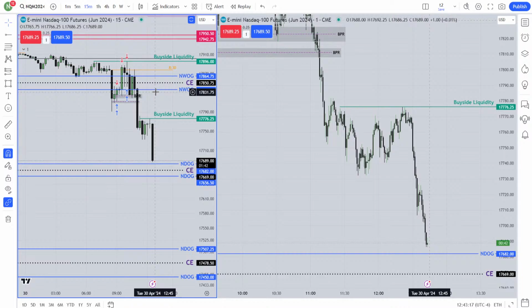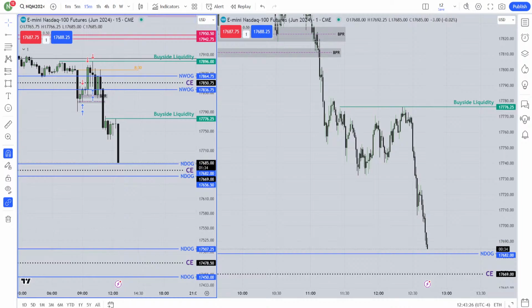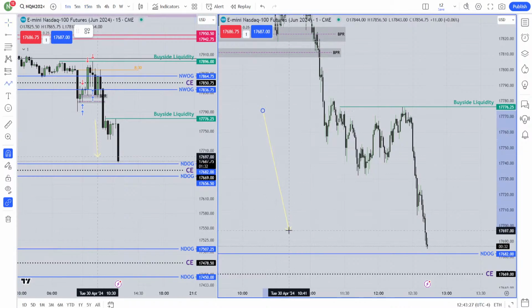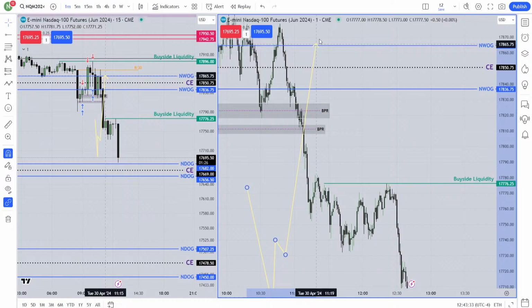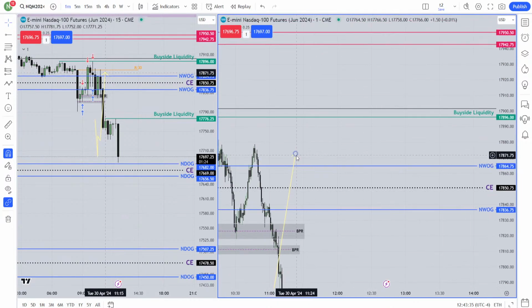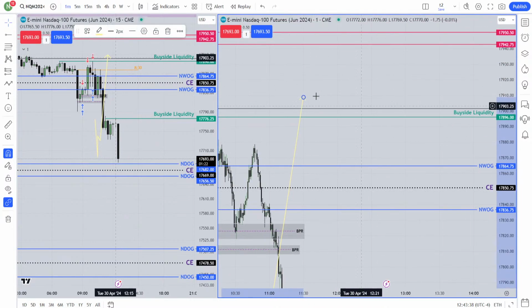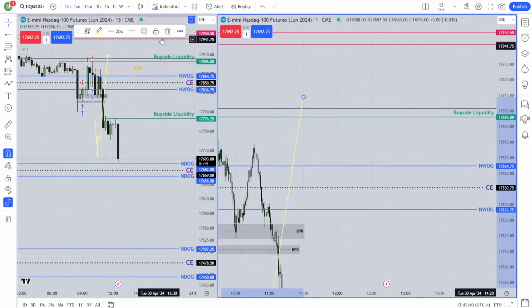You know that, okay? I'm just telling you from here. If it left that buy side liquidity like that tomorrow and around 2 p.m. you see the market went lower, then at 2:30, okay, this is going to happen.